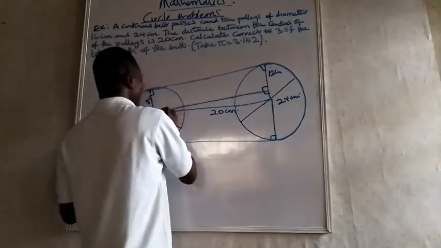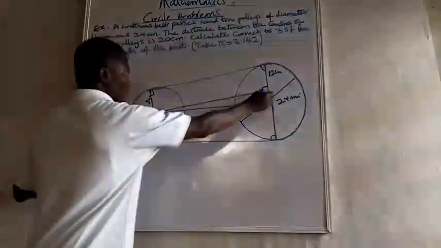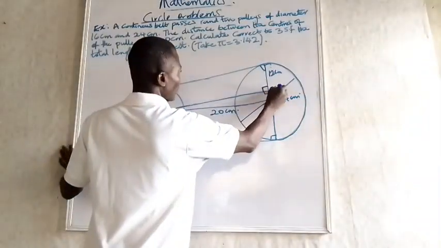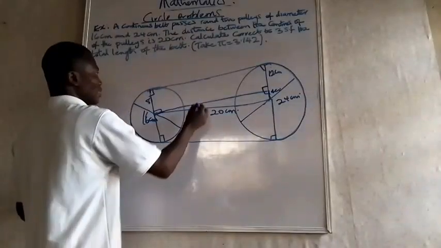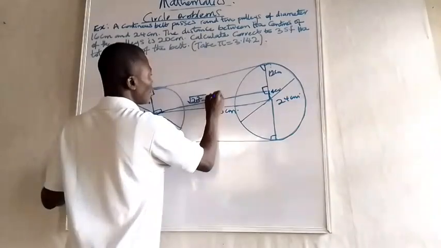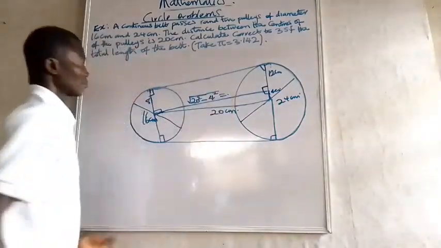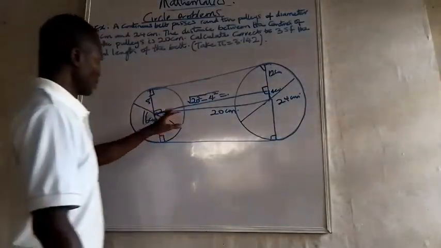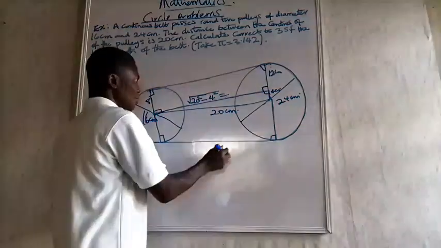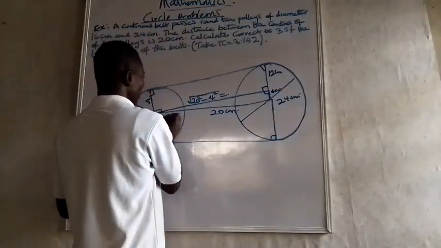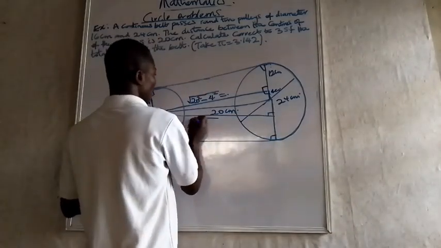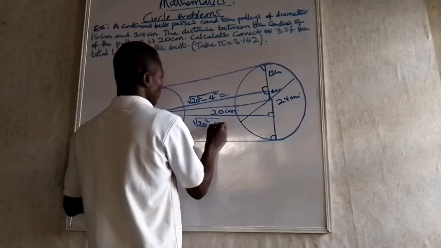So for our triangle now, for us to get this base, this base is 4, this base is 20. This base will just be the square root of 20 squared minus 4 squared. Very simple. Just making it easy. And the same thing here too. So this base will be the square root of 20 squared minus 4 squared.